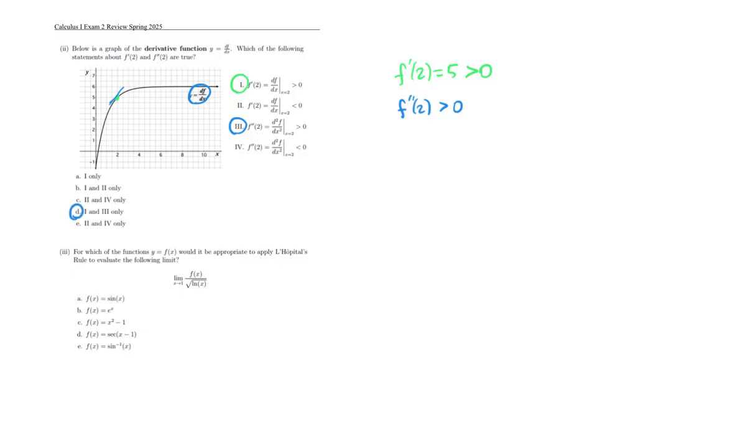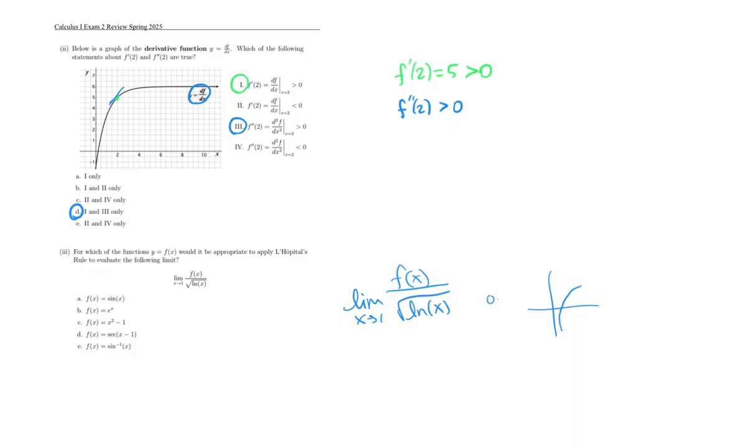Okay, for this one it says, for which of the functions would it be appropriate to apply L'Hopital's rule? I can see the limit as x goes to 1 of the square root of natural log of x. As x goes to 1, the natural log of 1 is 0, so we're getting 0 on the bottom.